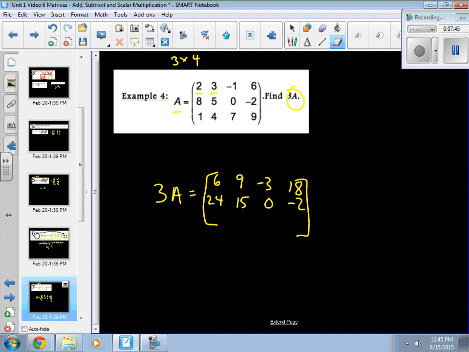If we multiply negative 2 by 3, we're going to get negative 6. And finally, the last row, we'd have 3, 12, 21, and 27. So now this would be the answer by multiplying that by a scalar of 3.